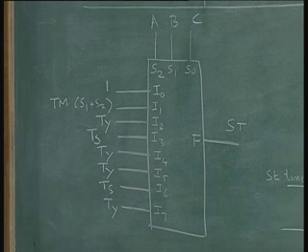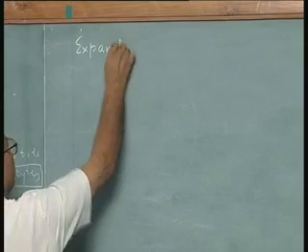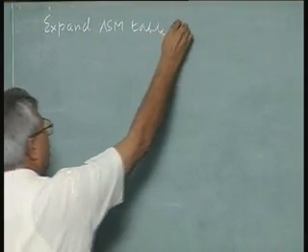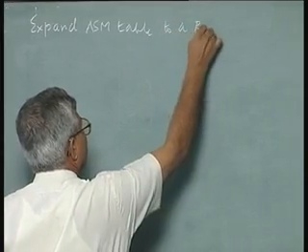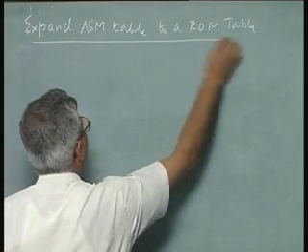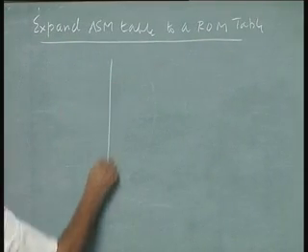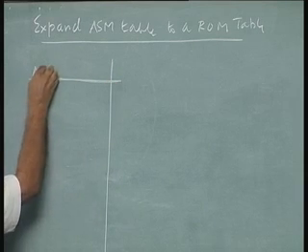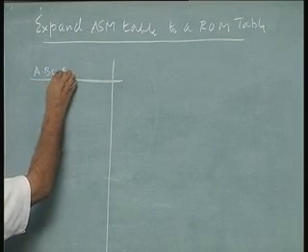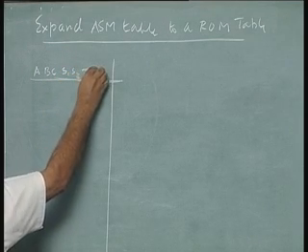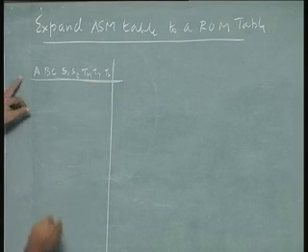Expand the ASM table to a ROM table. That is all you have to do. The ROM table will have 256 entries, with A, B, C, S1, S2, Tm, Ty, Ts, 8 inputs.